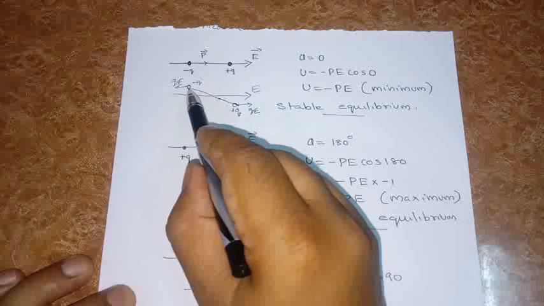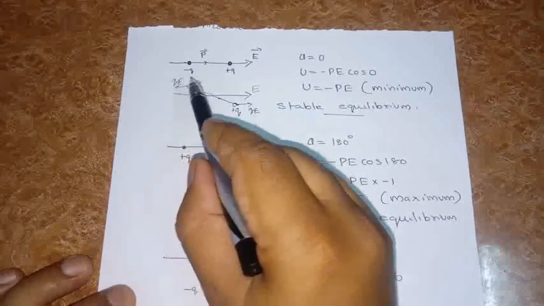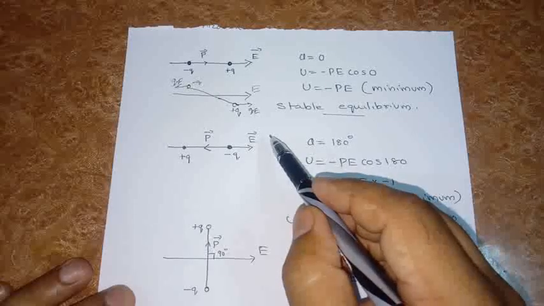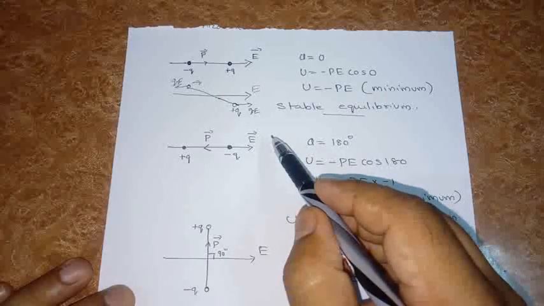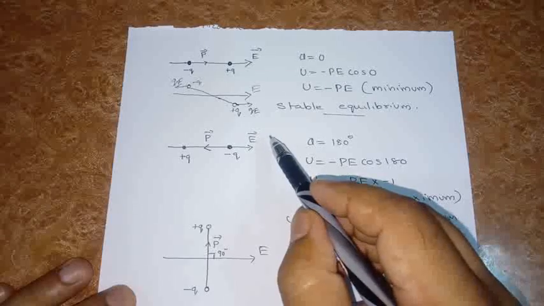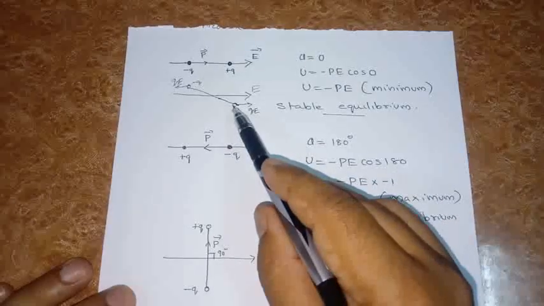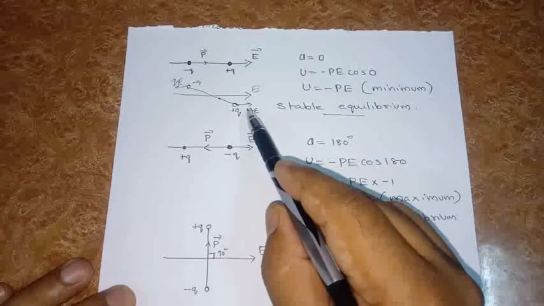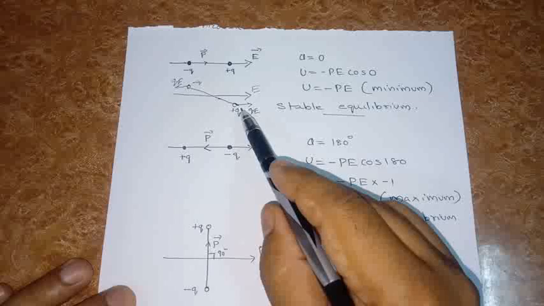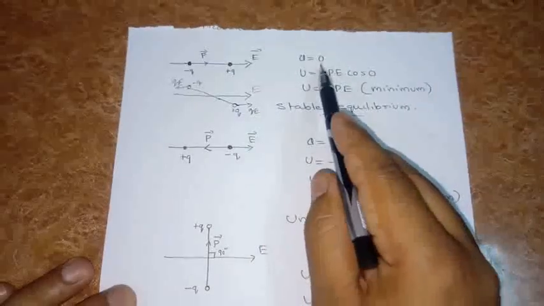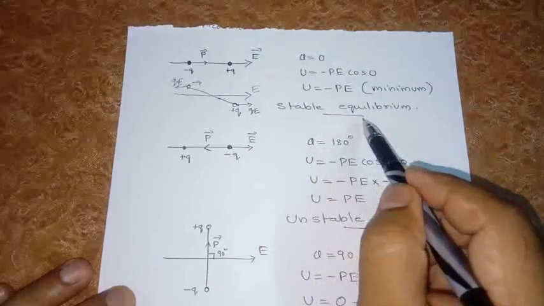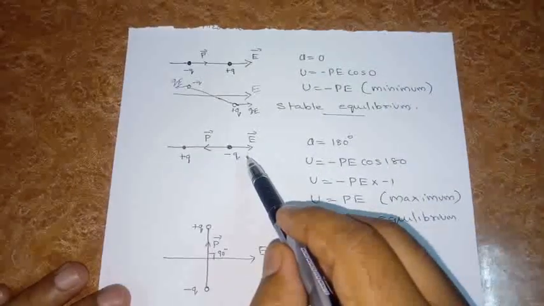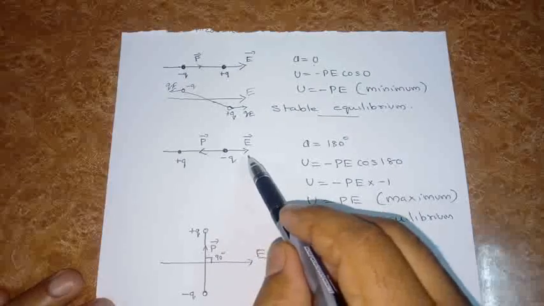The negative charge experiences a force opposite to the direction of the electric field. These two forces create a couple, and that couple will bring the dipole back to the original configuration. So automatically, as soon as there is a displacement of the dipole from the stable equilibrium, forces arise that will bring the dipole back to the stable equilibrium, and that is why the theta is equal to 0 configuration is called a stable equilibrium.